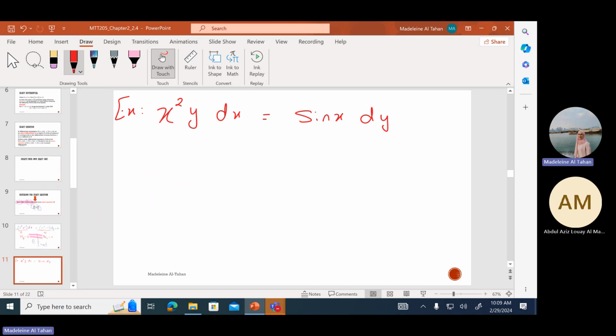What should I do? Perfect. So in order to determine whether it's exact or not, I would write it as x squared y dx minus sine x dy equal to 0, and now I will deal with it. It doesn't make sense to have it in any other way.